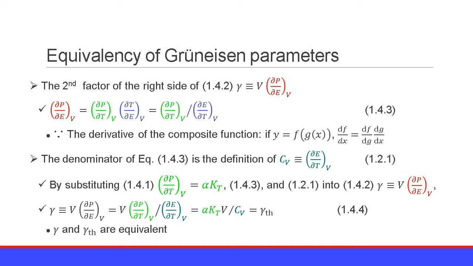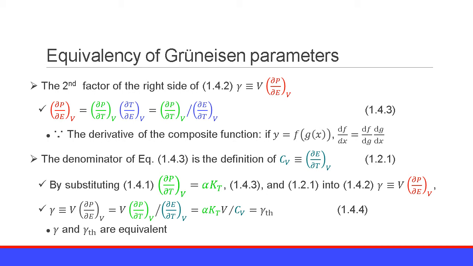Then the denominator of Equation 1.4.3 is a definition of the isochoric heat capacity Cv. This one, Equation 1.2.1, we have already seen in Chapter 2.